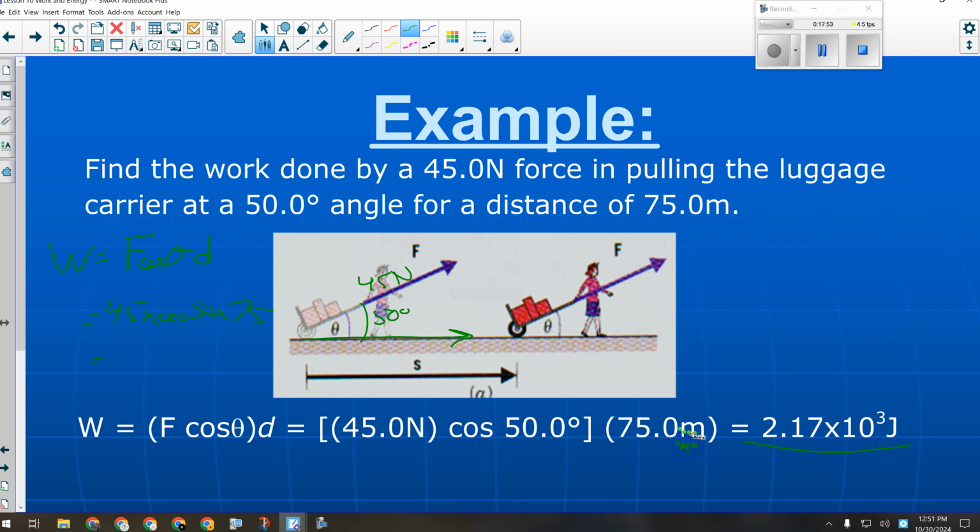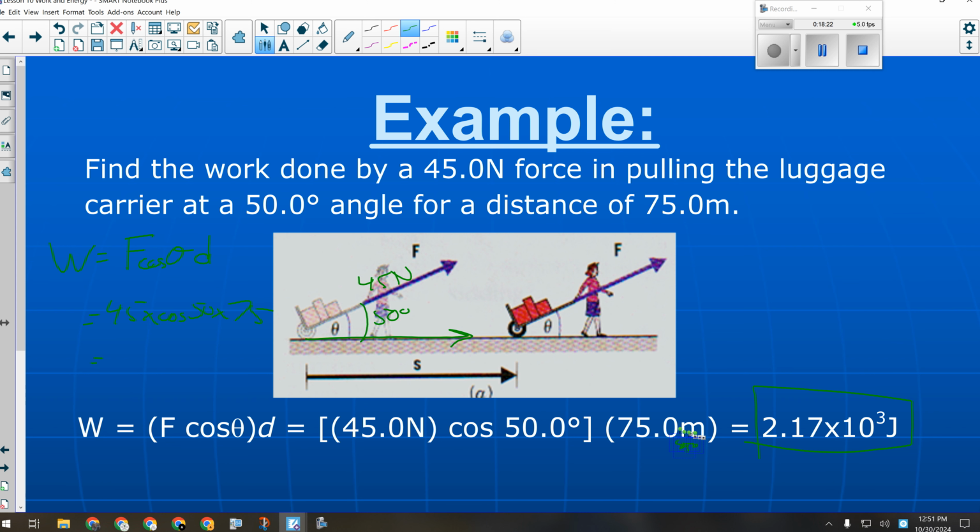Okay? Does that sound like a lot of work? It's a fair amount of energy, a fair amount of work. It's probably pretty heavy. Do you accelerate the whole time if you're pulling your luggage behind you in the airport? Okay, so what if she pulled this thing at a constant velocity?